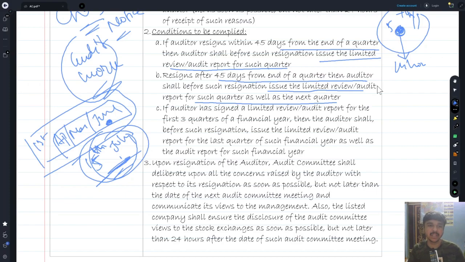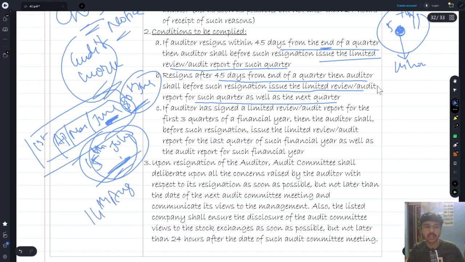He has resigned within 45 days from the end of the quarter. If we consider the end of the quarter as 30th June, 45 days from here comes July, and then August. So roughly 14th of August.